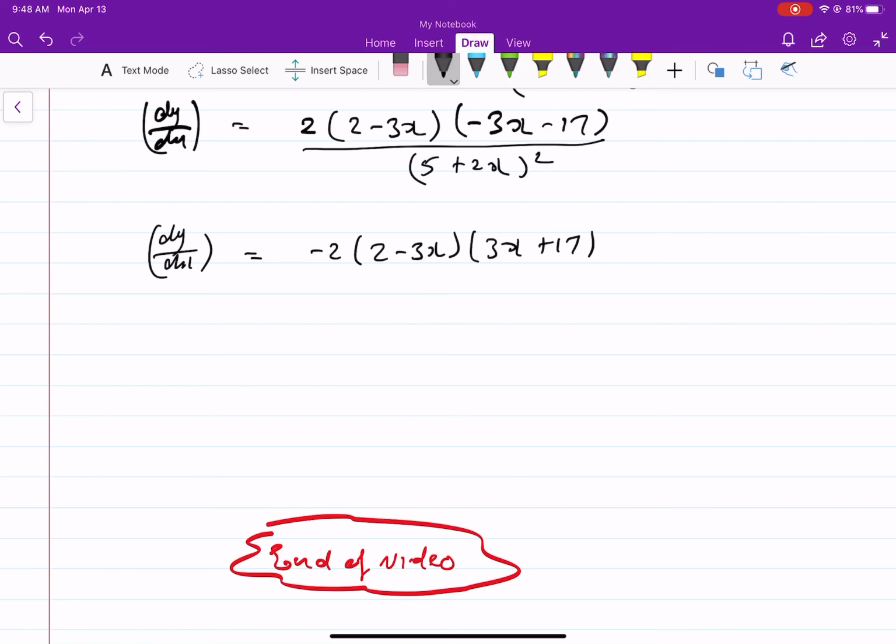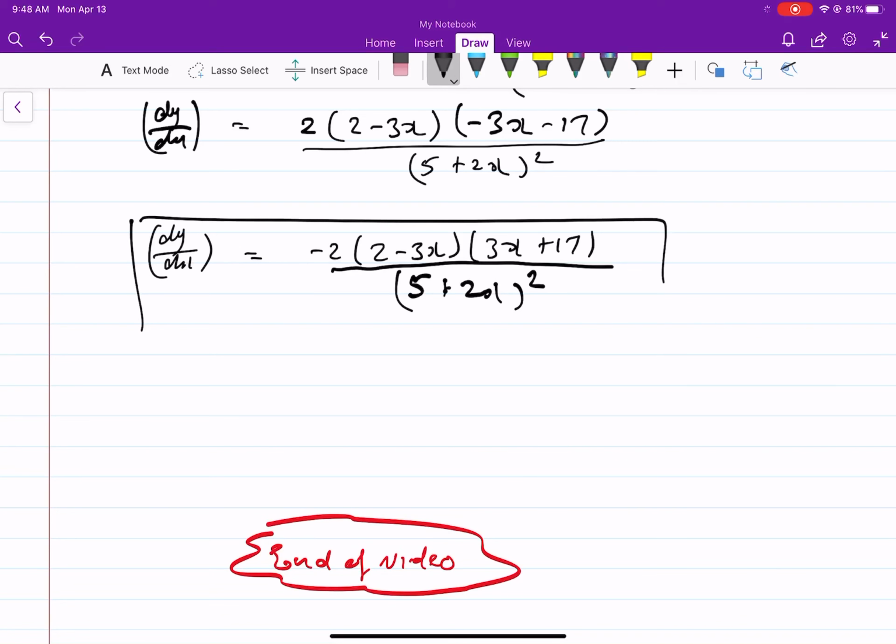Double check that again. Minus 2, 2 minus 3x, 3x plus 17, upon 5 plus 2x all squared. Yeah, that brings me to the end of this problem.